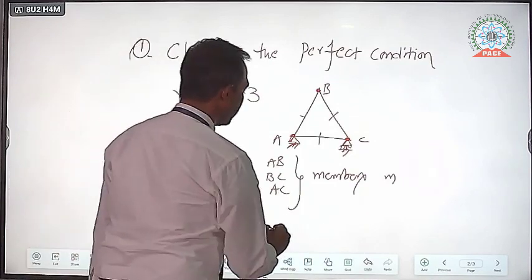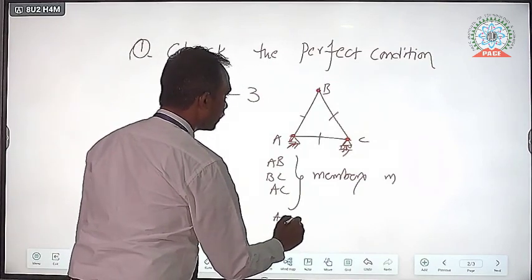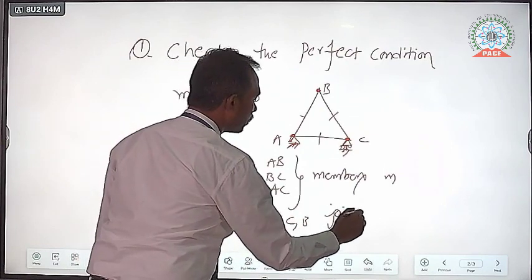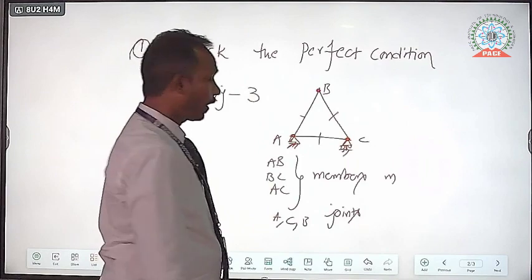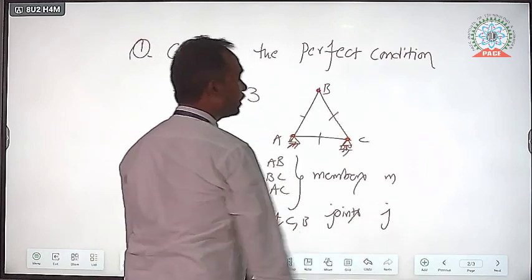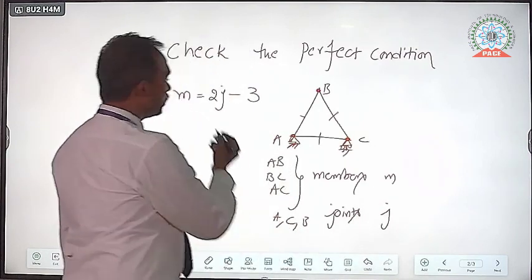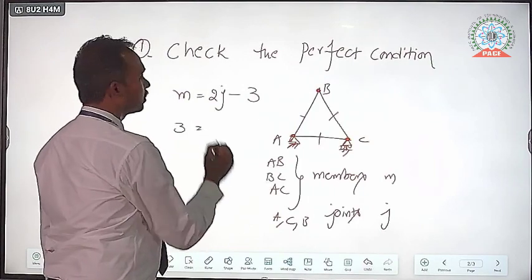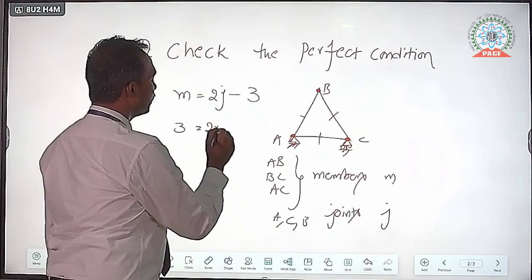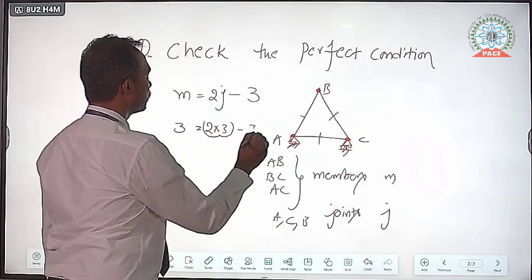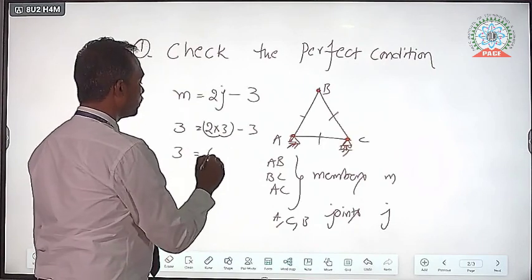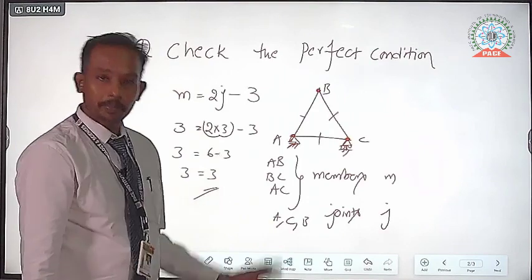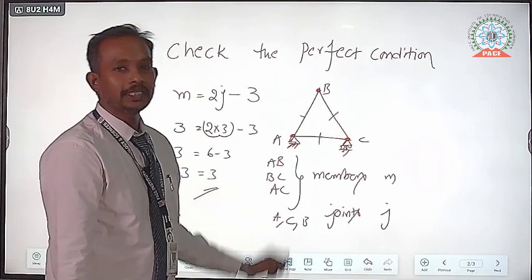And at A, C, B, those are the joints denoted by the letter j. So from this equation, how many members are there? 3 members. How many joints are there? 3 joints. So 3 is equal to 6 minus 3. 3 is equal to 3. This is perfect condition.